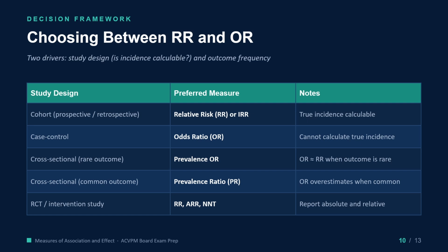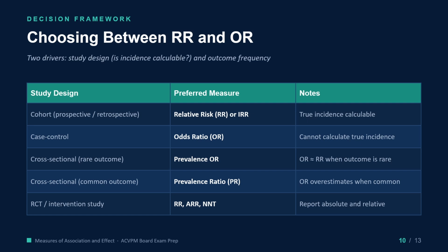In a case control study, we start by selecting cases, animals that already have the disease, and controls, animals that don't. We then look backward to assess exposure. Because the proportion of cases in our sample is set by us, not the population, we cannot calculate true incidence and therefore cannot calculate RR directly. We use the OR instead.